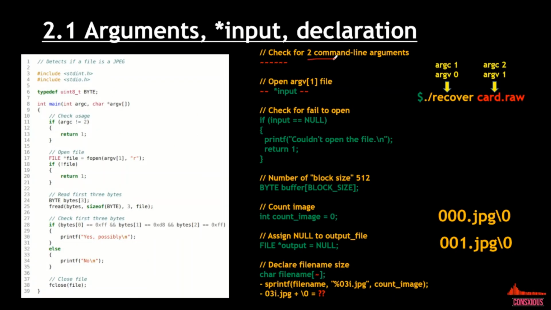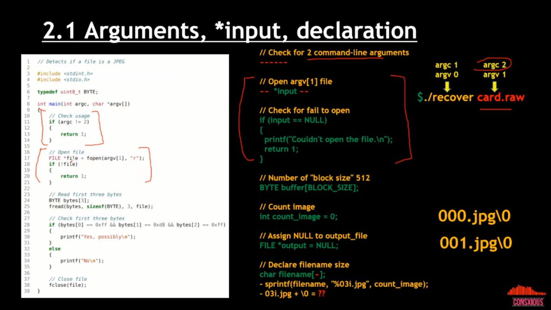To check for the two command-line arguments, we can use this statement. argc not equal to 2 means argc is this. If the user doesn't key in this, we return 1. Also, this portion is divided into two portions.